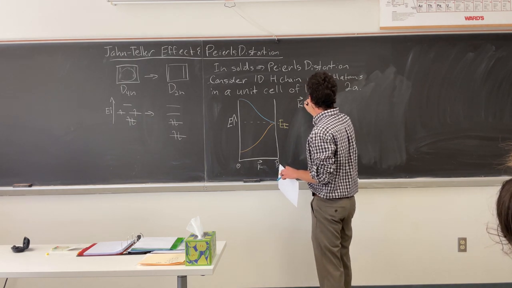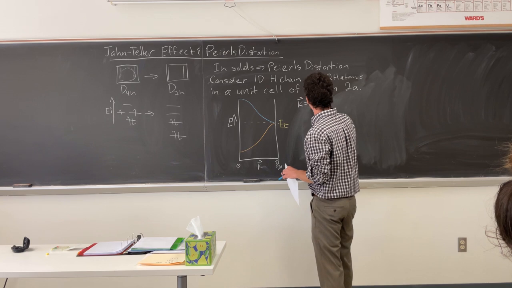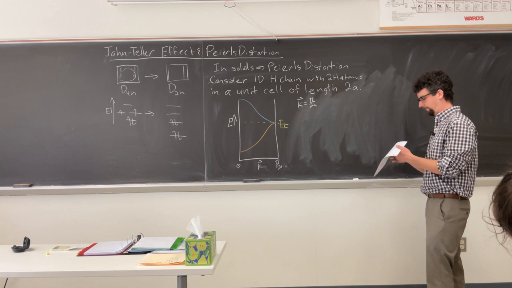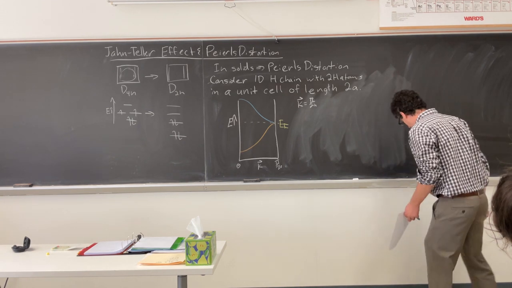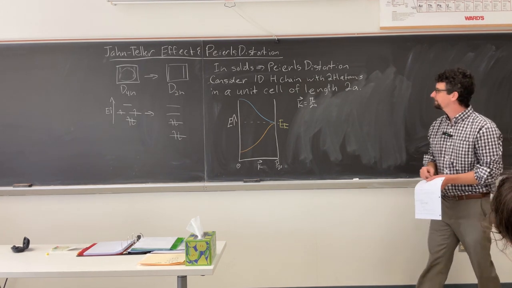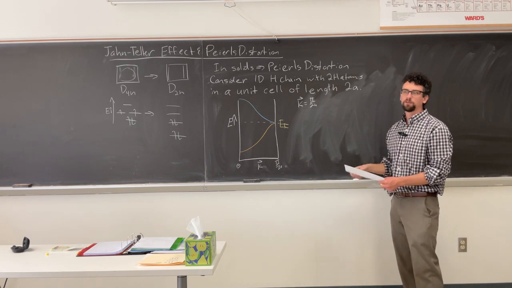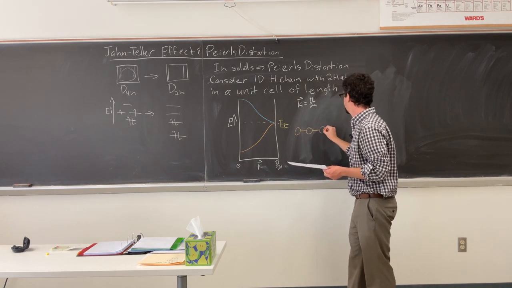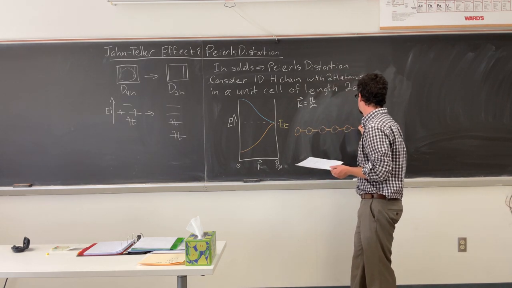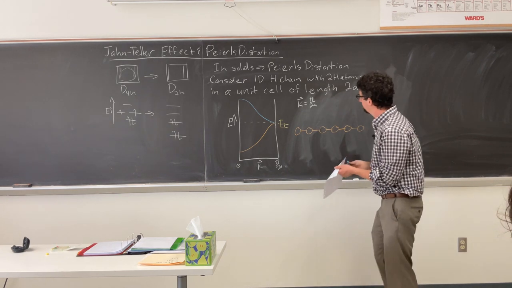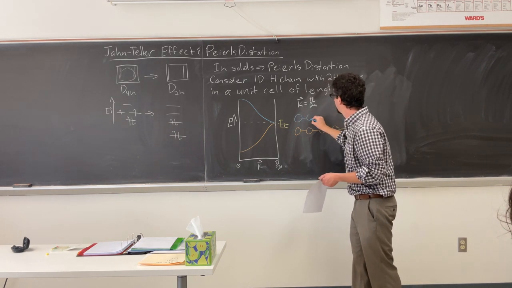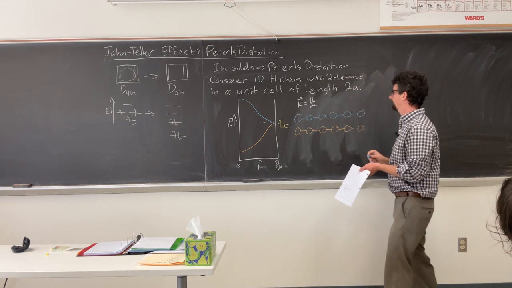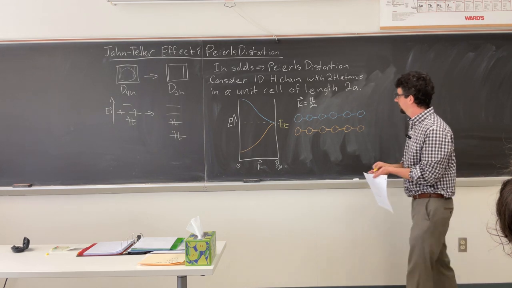Now, at k equal to pi over 2a, let's draw out what the Bloch functions look like. We'll mark the unit cell.